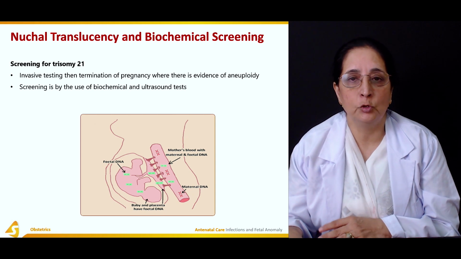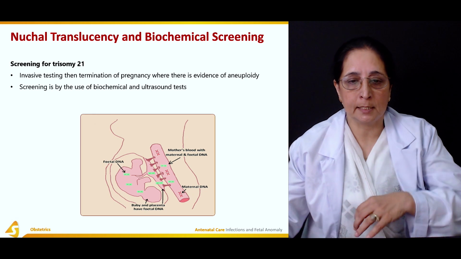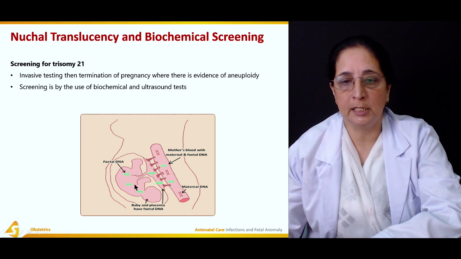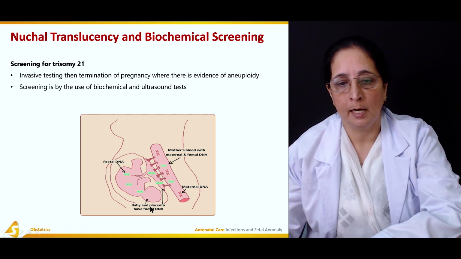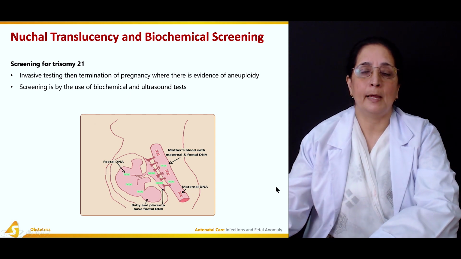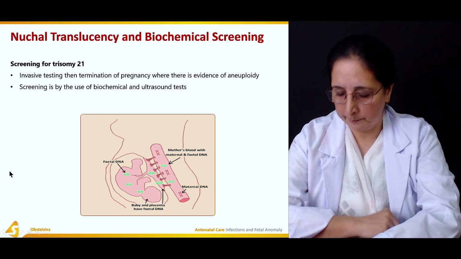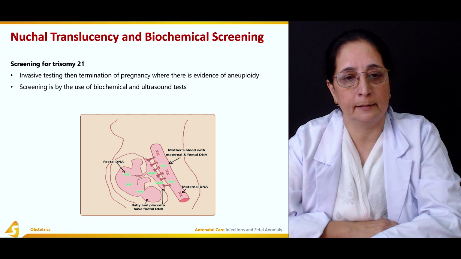Screening is by the use of biochemical and ultrasound tests. These include the presence of DNA in the maternal blood from the fetus. And if there is any abnormality, aneuploidy or trisomy 21, then the pregnancy should be terminated.